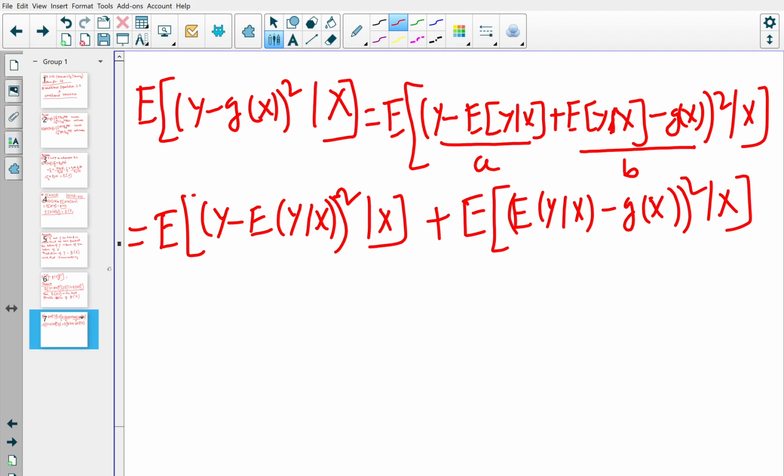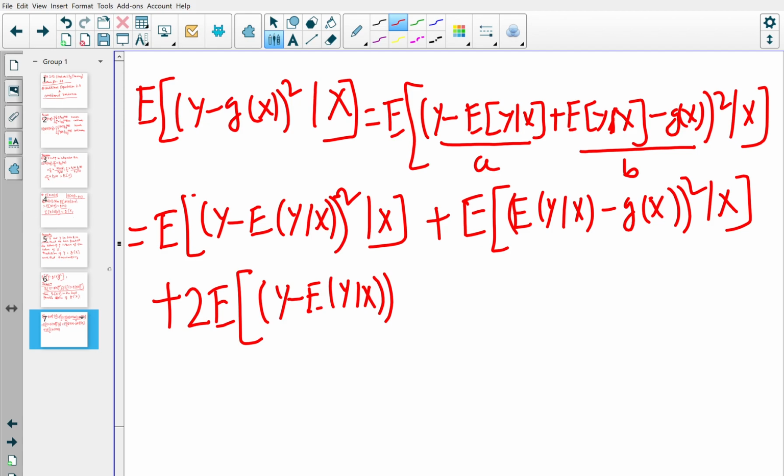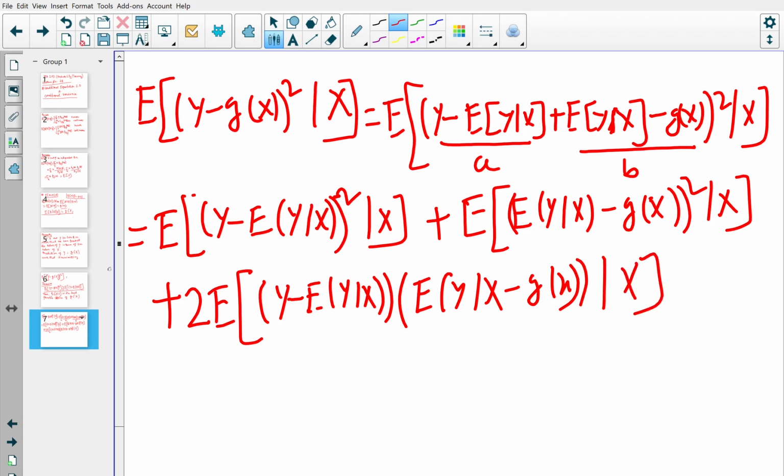And plus 2ab, so 2 times the expectation of (y minus the expectation of y given x) into (the expectation of y given x minus g(x)), given x.